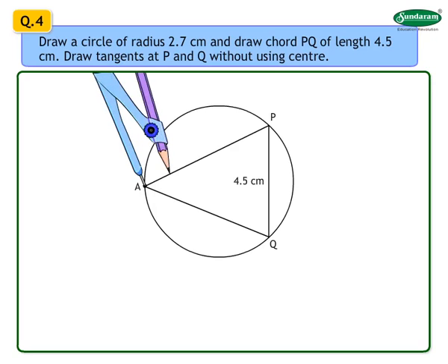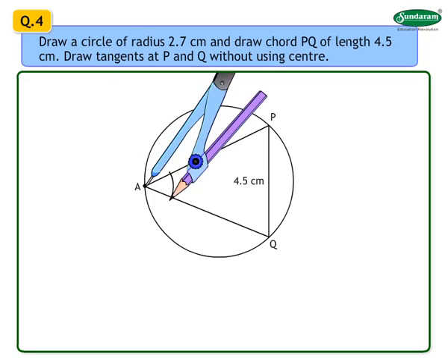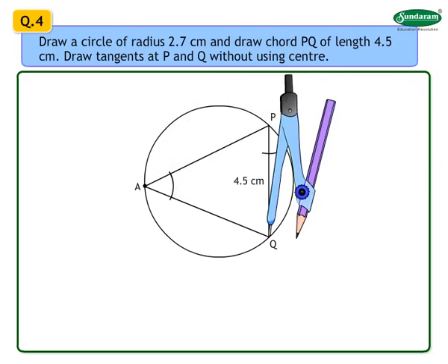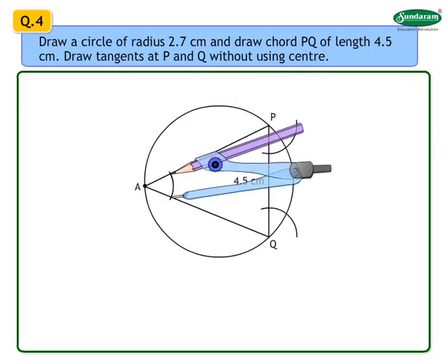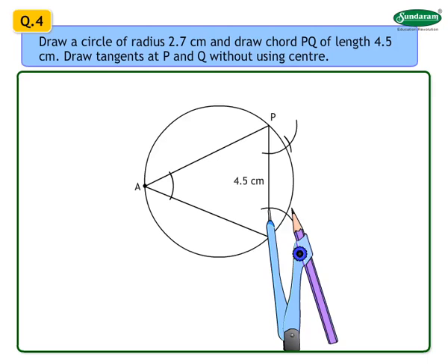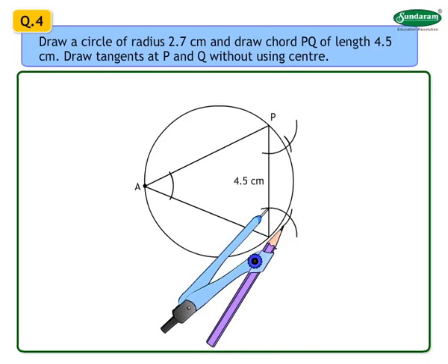Keep the point of the compass first on A and draw an arc passing through chords PA and QA. With the same measure and side PQ as one side, draw arcs from points P and Q bisecting chord PQ.